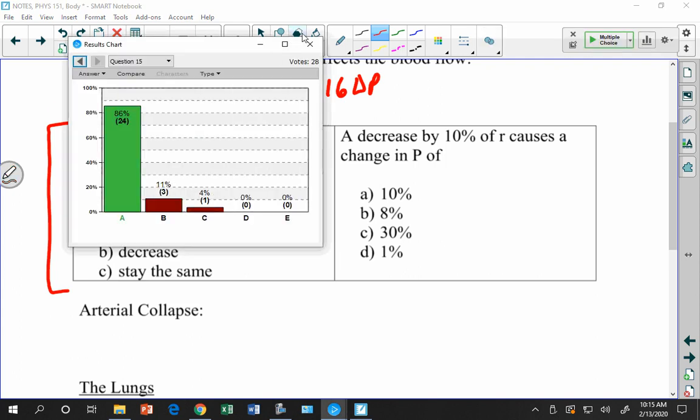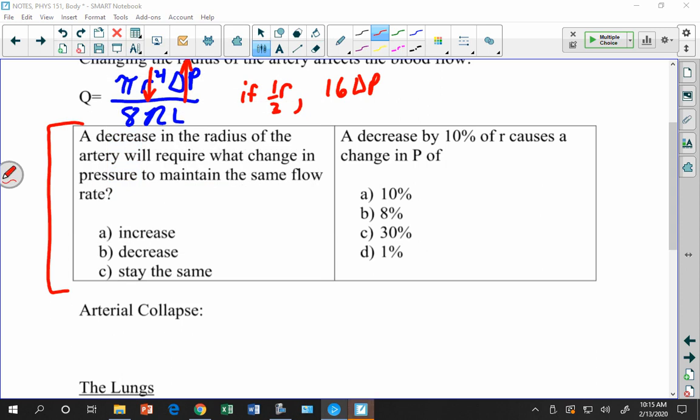Okay, good. A is right. It's going to increase, and we're going to skip this question too.